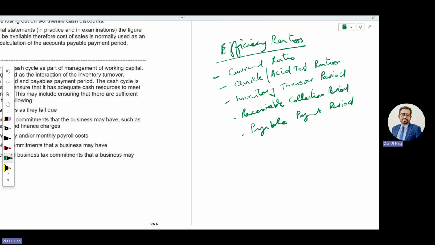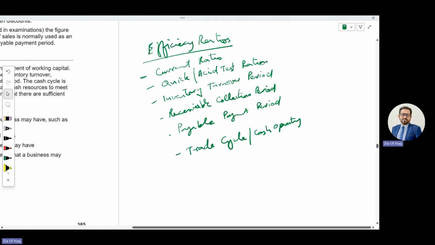Another is called trade cycle, also called cash operating cycle or cash cycle.